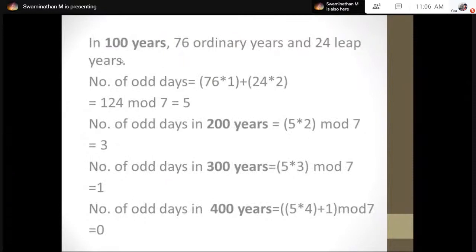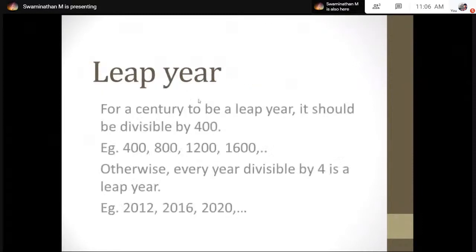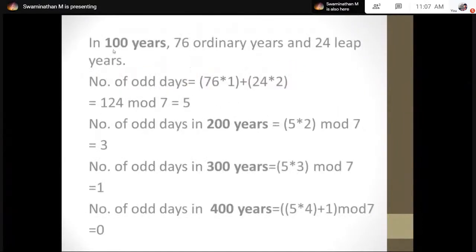If you divide 100 by 4, you get 25 leap years, but I'm writing 24 because the 100th year will not be a leap year. According to the condition, for a century year to be a leap year, it should be divisible by 400. So I'm reducing one, and that will come under ordinary years. So 76 ordinary years and 24 leap years.